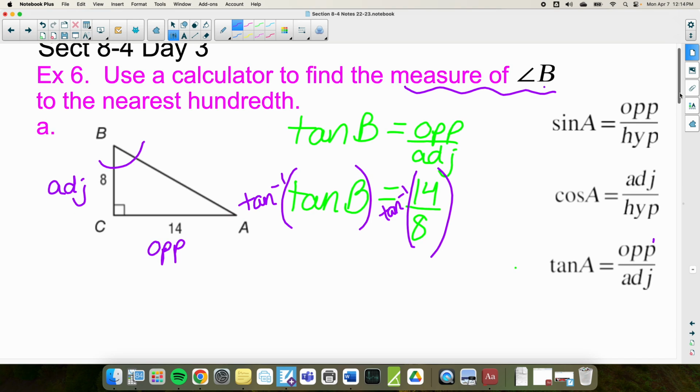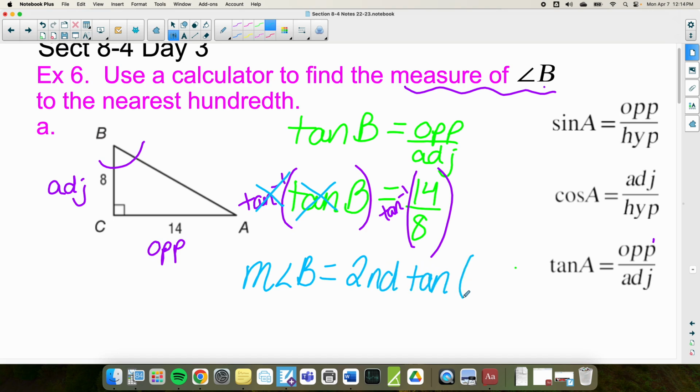And how we put that in our calculator is we're finding the measure of angle B. Tangent -1 and tangent cancel each other out, so we're left with angle B. And what we're gonna do is we're gonna type this in as second tan. A parenthesis is going to come up on our calculators, and then we're gonna go 14 divided by 8.